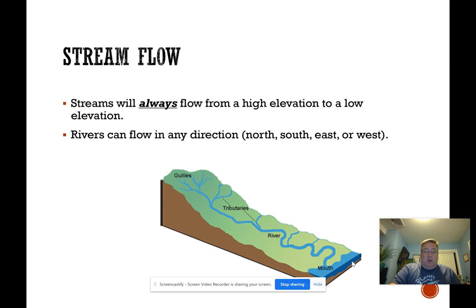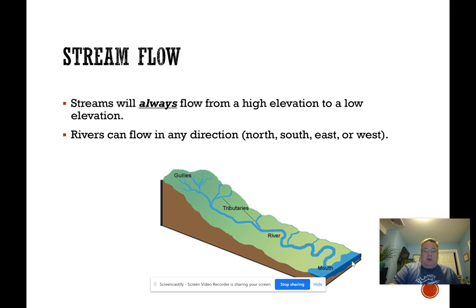All right, so I don't care that, apparently there are some teachers that teach you that they only flow south. That is completely incorrect. All right, the Nile River would be a good example of a river that flows north. And if you haven't heard that, good. But year after year, I always have kids who tell me that.